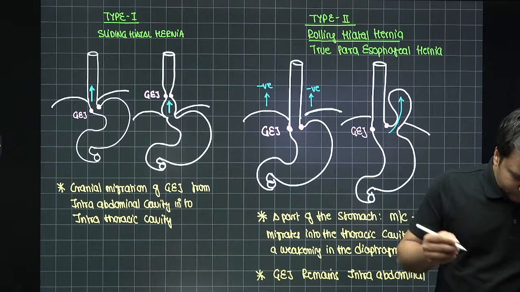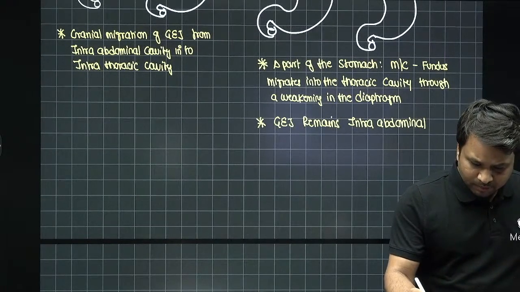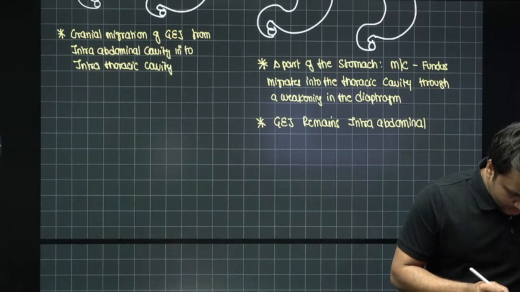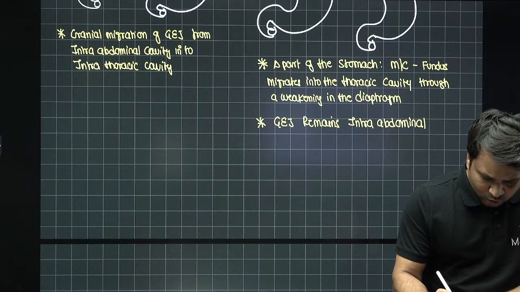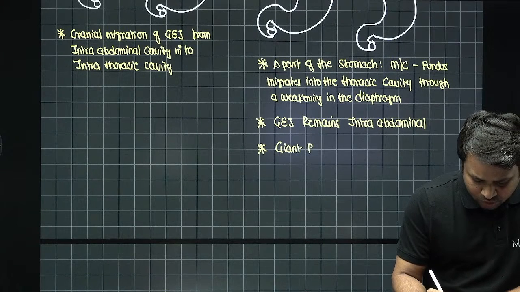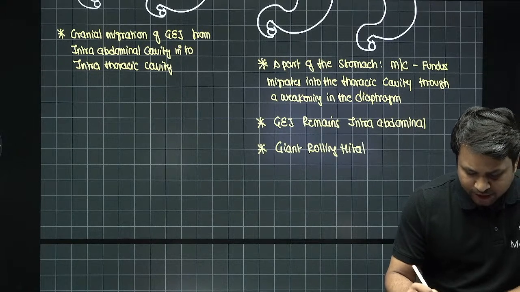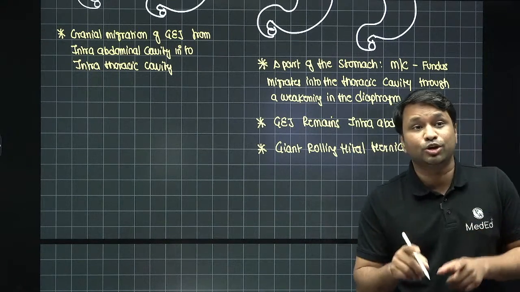Right now, there is a special term that we use, which is called a massive rolling hiatal hernia, or a giant rolling hiatal hernia. So, when I say a giant rolling hiatal hernia, what is the criterion? For a giant rolling hiatal hernia, remember, more than 50% of the stomach has to invaginate into the thoracic cavity.